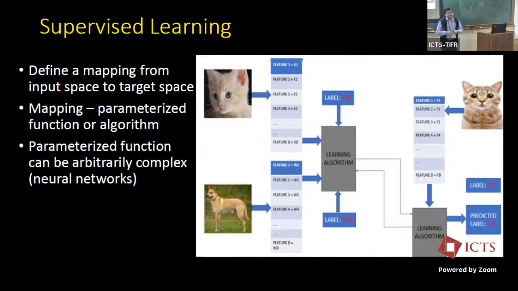Whenever we are talking about any problem like this, we first must decide beforehand what our input space is, namely what kind of inputs we shall give to our machine learning model, and what our output space is, namely what kind of outputs we expect from it.